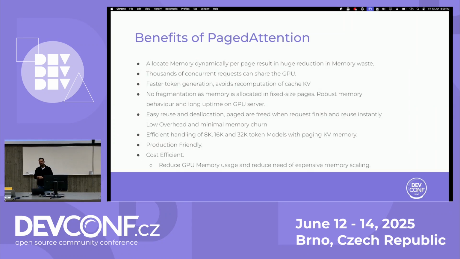As the pages are again added to the pool, and if there is a new request, then we can again reuse those pages. That is one of the benefits of page attention.